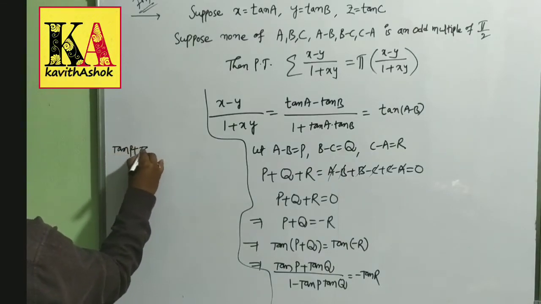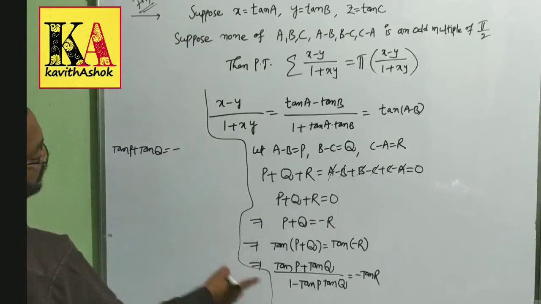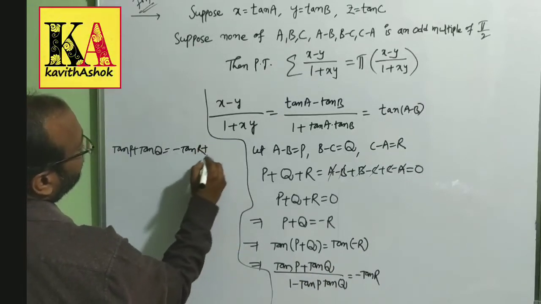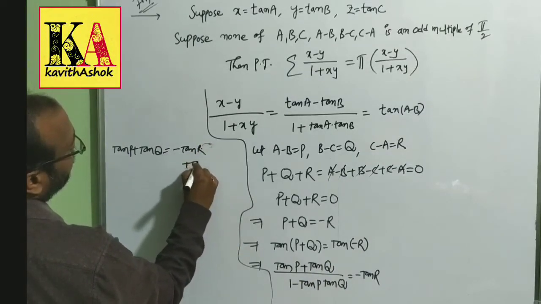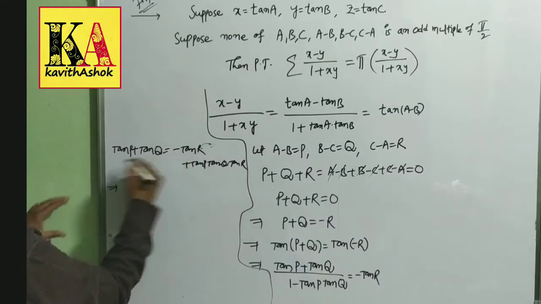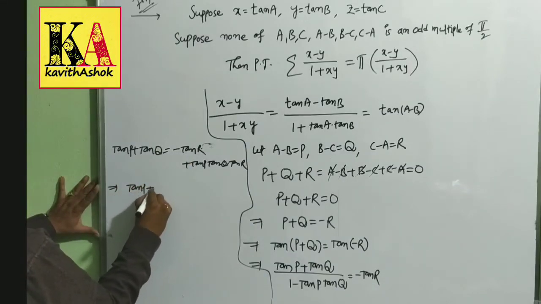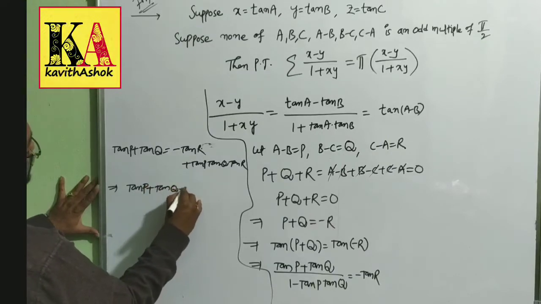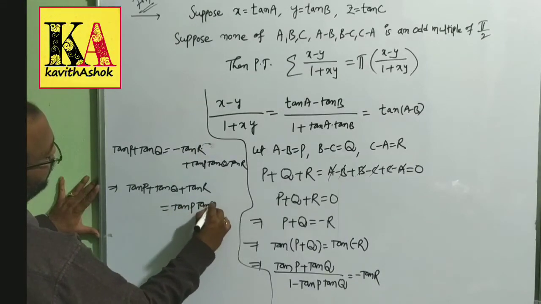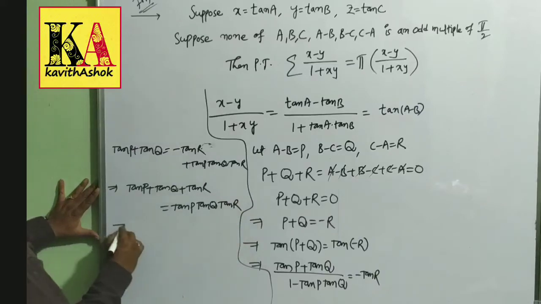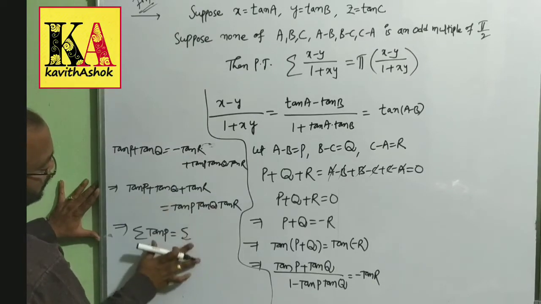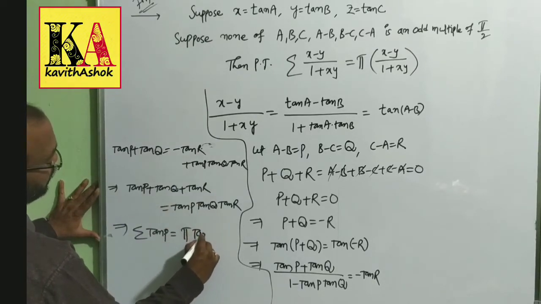Tan P plus tan Q is equal to minus tan R, minus into minus plus tan P tan Q tan R. Right, take this term to the left part: tan P plus tan Q plus tan R is equal to tan P tan Q tan R. So the summation, sigma tan P, is equal to, this is what? The product, pi tan P.